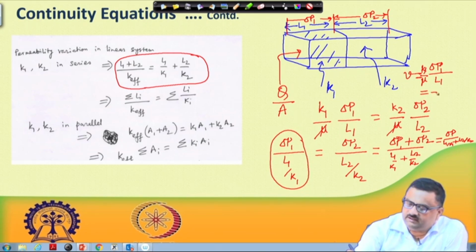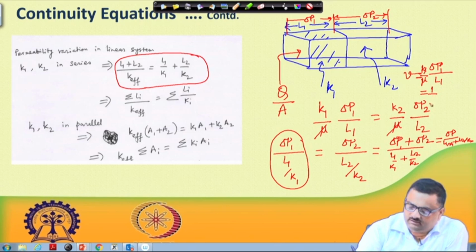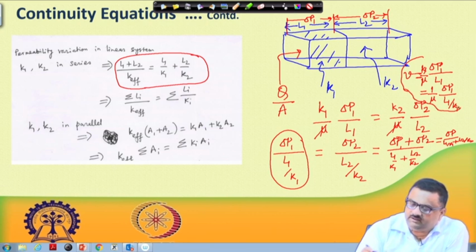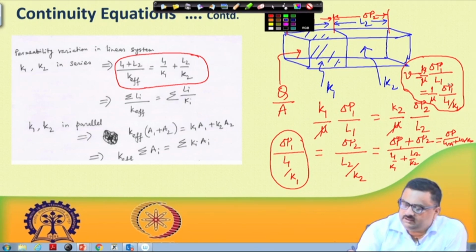So, you can write this as K1 by mu and then... sorry, I should be writing it not as K1 by mu, I should be writing it as 1 by mu delta P1 divided by L1 by K1, right. So, this is what we would be writing. This delta P1 by L1 by K1 is basically this quantity.